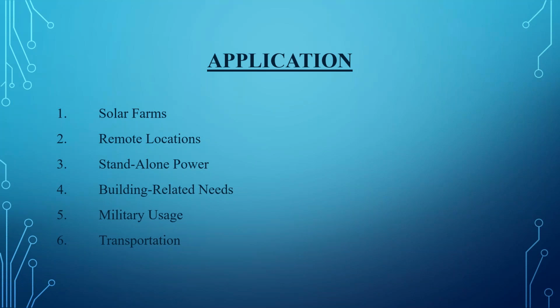PV material can also be integrated into building structures as windows, roofs, tiles, etc. And another one, military uses. Soldiers can carry lightweight PV for charging electronic equipment in the field or remote bases. And next, transportation. PV can provide auxiliary power for vehicles such as cars and boats, etc. This is up to my part, and the next part will be continued by our group member Sampath Pal.